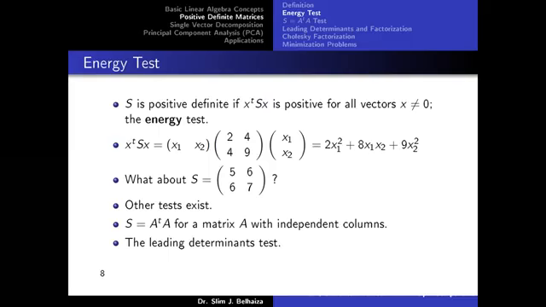It's not practical because you have to check for all x. But we use it all the time whenever we want to prove positive definiteness, and it is the same for negative definiteness as well.